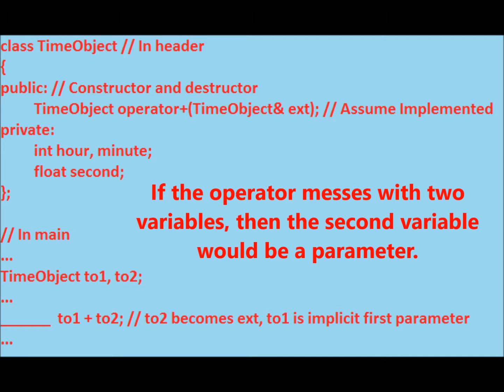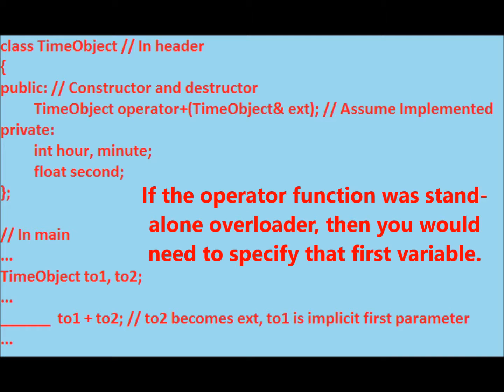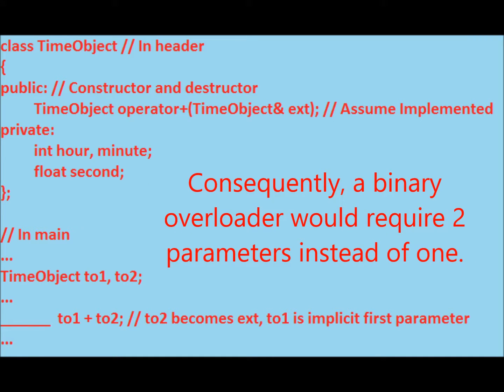If the operator messes with two variables, then the second variable would be a parameter. If the operator function was a standalone overloader, then you would need to specify that first variable. Consequently, a binary overloader would require two parameters instead of one.